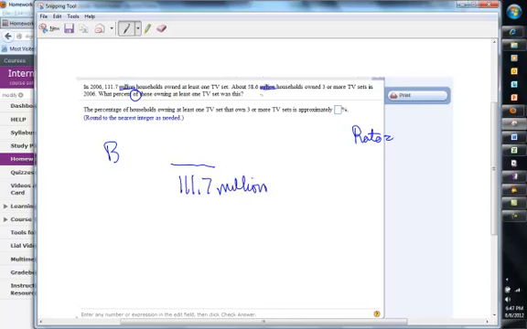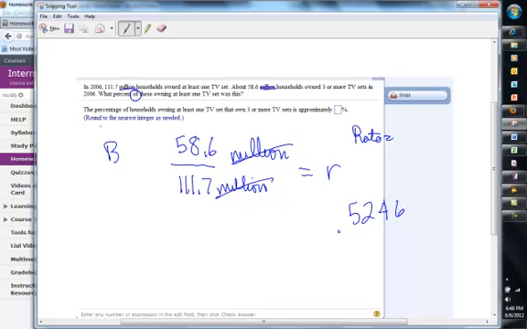Okay, and then 58.6 million. Now, as I said, you can cancel the millions on the top and the bottom, and so the rate will be 58.6 divided by 111.7, and you get a decimal 0.5246 and so on.